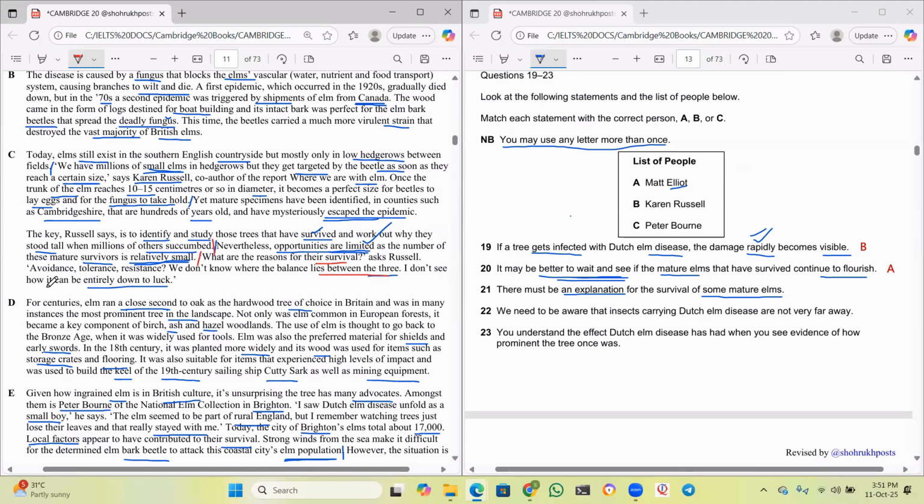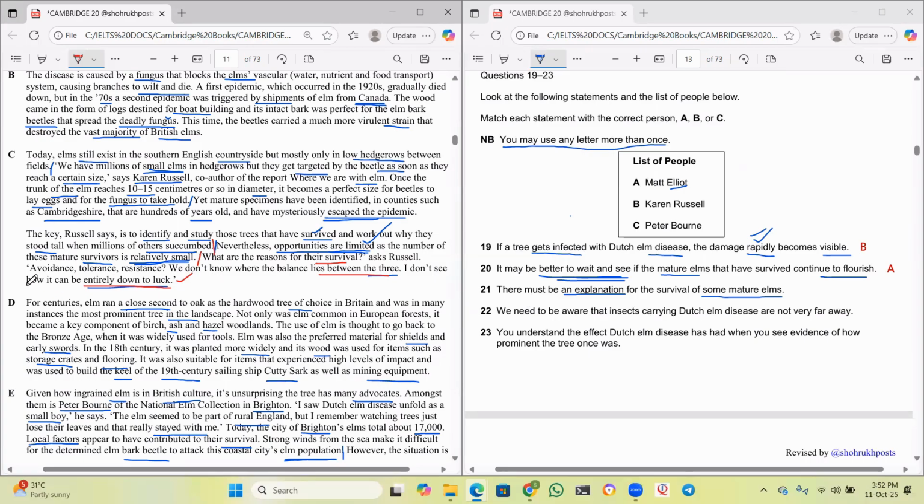I don't see how it can entirely come down to luck. See, he doesn't believe in luck. He says, how can it entirely come down to luck? There should be some explanation. That's what it means. So there must be an explanation for the survival of some mature elms. It cannot come down to luck.